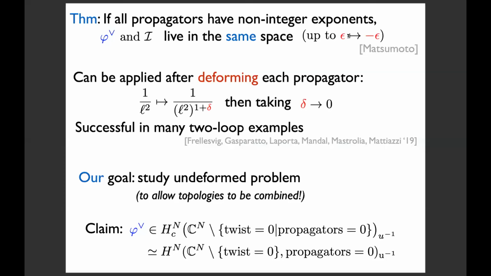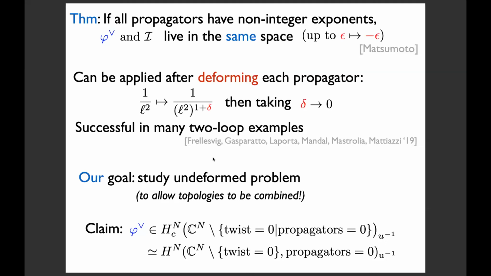You just have to flip the epsilon somehow. So basically the spaces are the same. This intersection is literally a pairing between integrals and integrals. Once you have a basis of integrals, you can invert that pairing and use it to extract the coefficients. That's been used successfully in many two-loop examples.